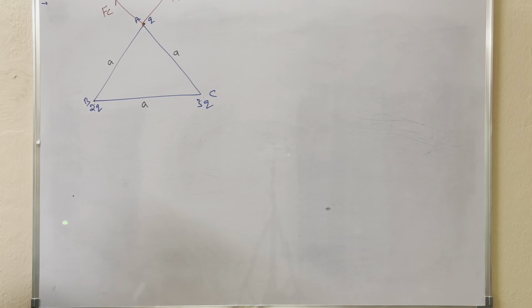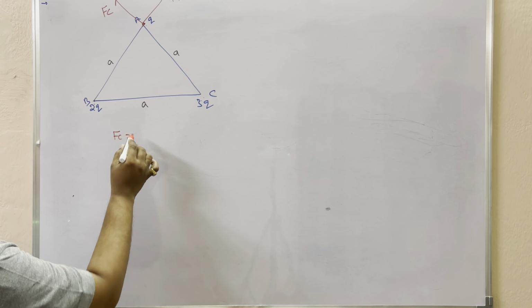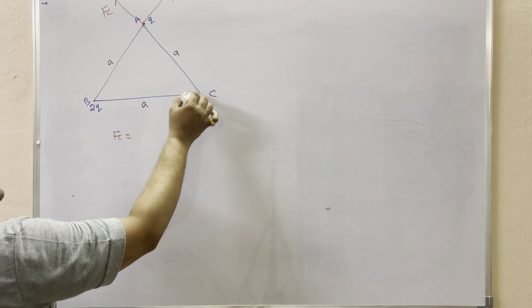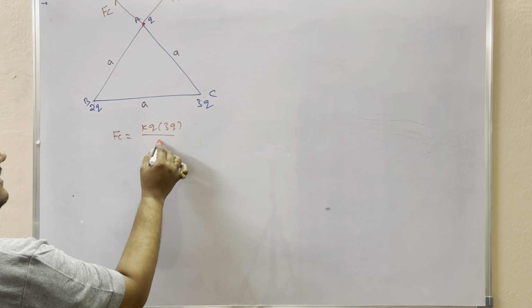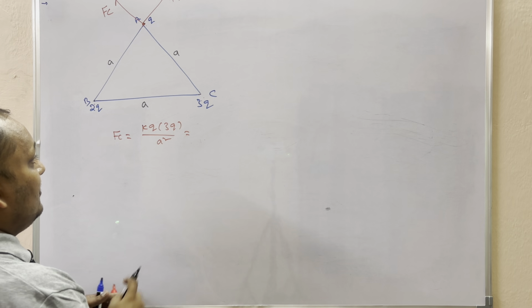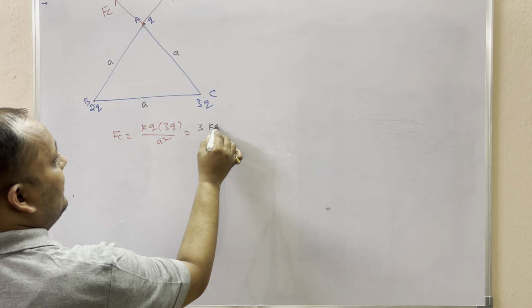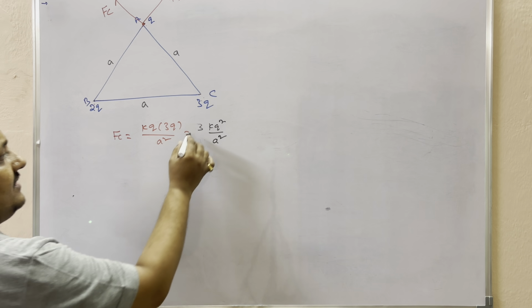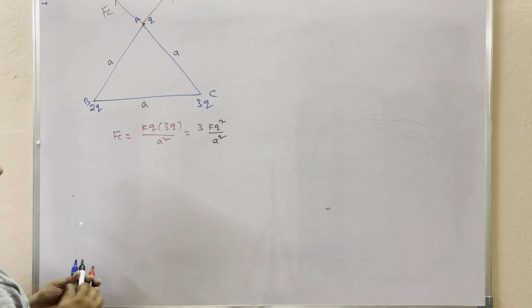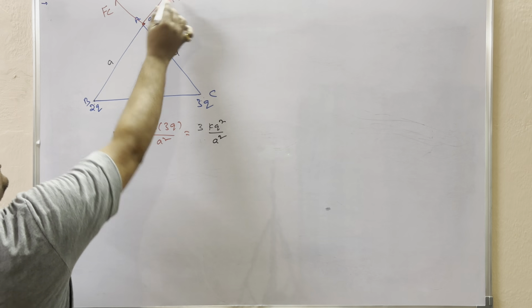Now what is that FC, FB? FC is going to be force between A and C. That is K into Q into 3Q by a square. How much you got? 3 KQ square by a square. Correct? Next up. FB.